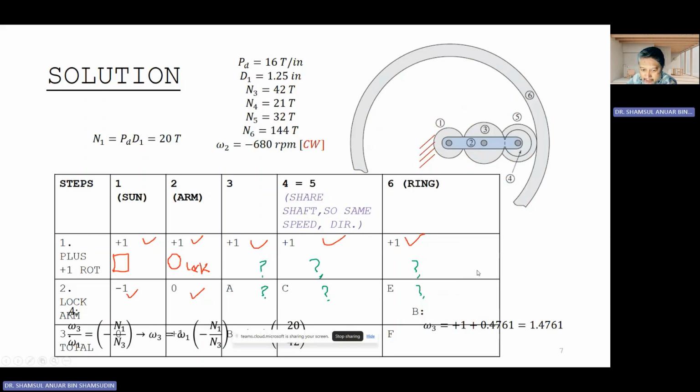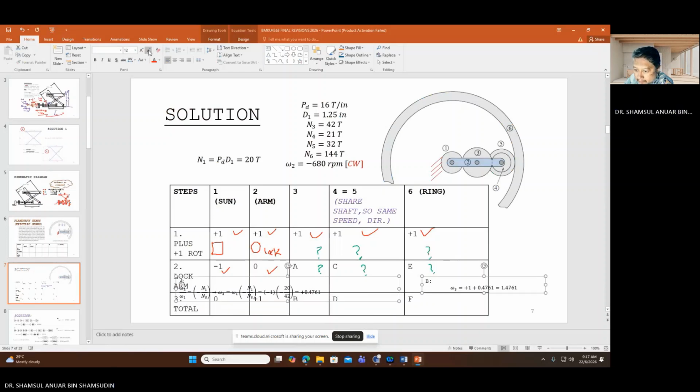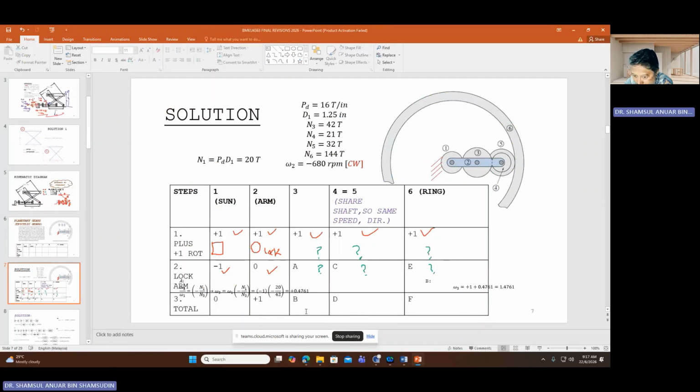So in this situation, why is it so big? Maybe this is too big. I don't know what's going on here.